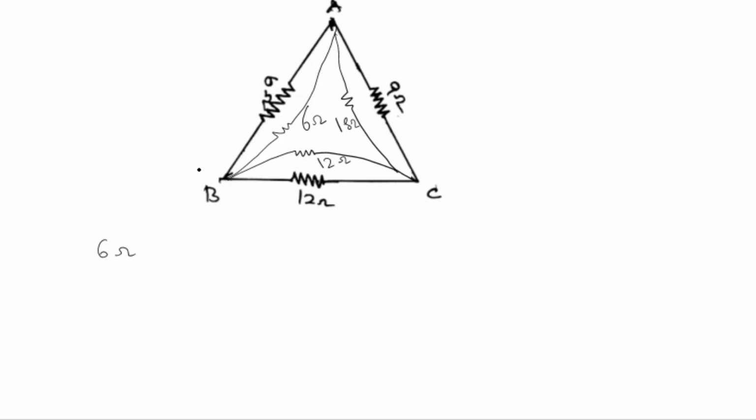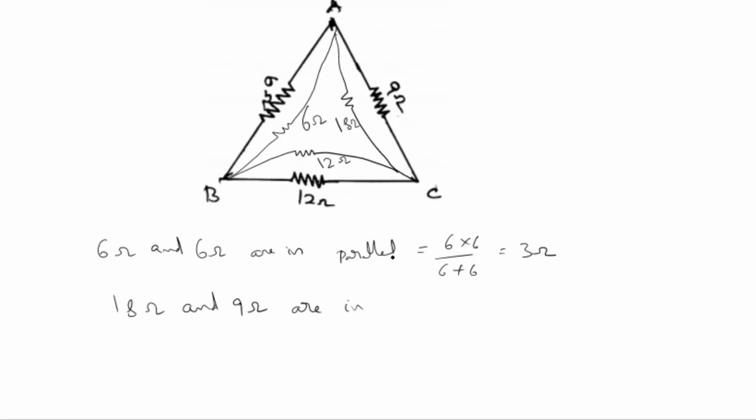The 6 ohm and 6 ohm resistors are in parallel, which is equal to 6 into 6 by 6 plus 6, which is equal to 3 ohms. 18 ohms and 9 ohms are in parallel: 9 into 18 by 9 plus 18 equals 6 ohms.